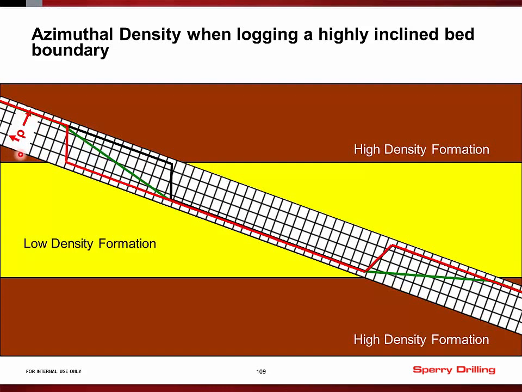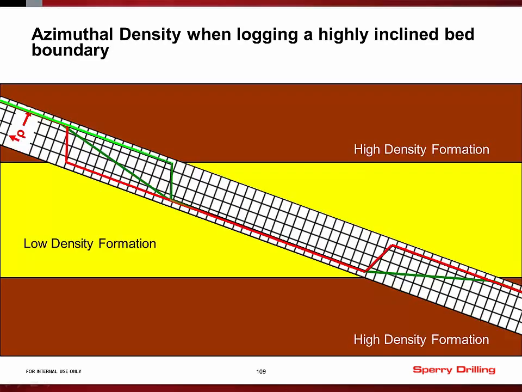So the low side of the borehole is seeing high density up until about this point. And when the borehole starts to penetrate the low density formation, the bottom quadrant will see that straight away and will start reading low density on the low side of the hole. And when the low side touches the high density formation, it'll jump up again and show the higher density.